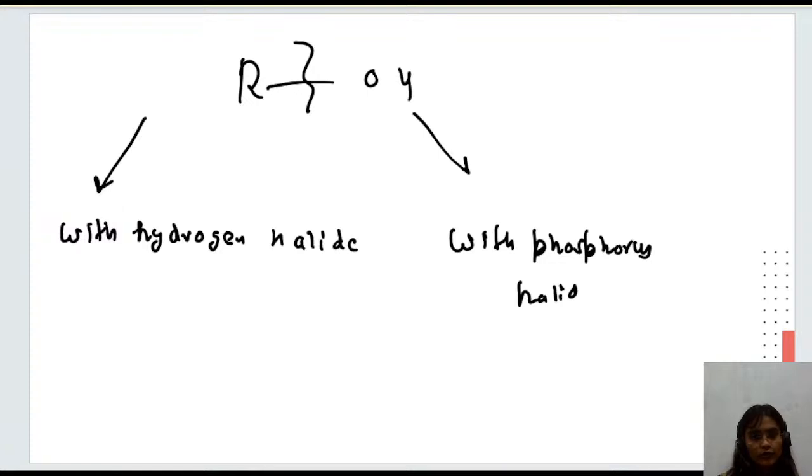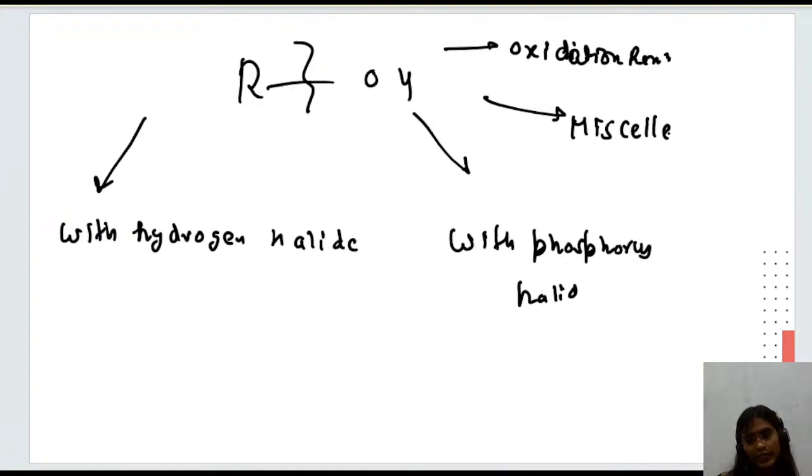First of all, we are going to discuss these two parts. There are many other reactions like the oxidation reaction as well. Let me write it. Oxidation reaction. And the last one is miscellaneous reactions. Don't worry, we are going to cover each and every point.